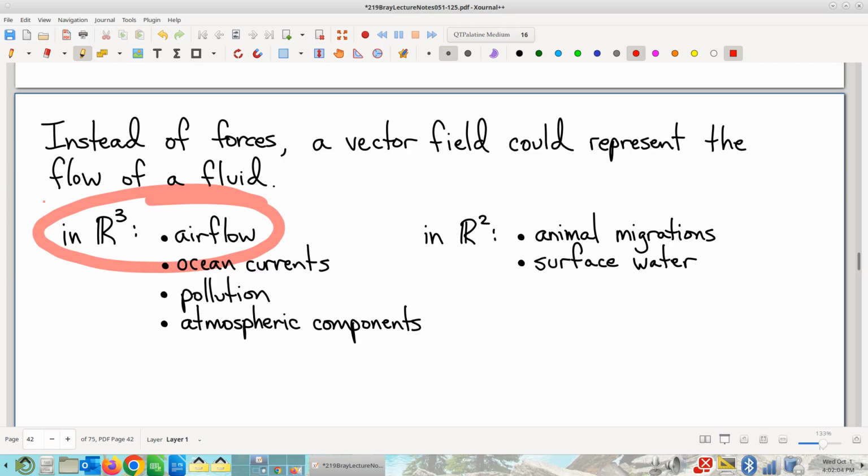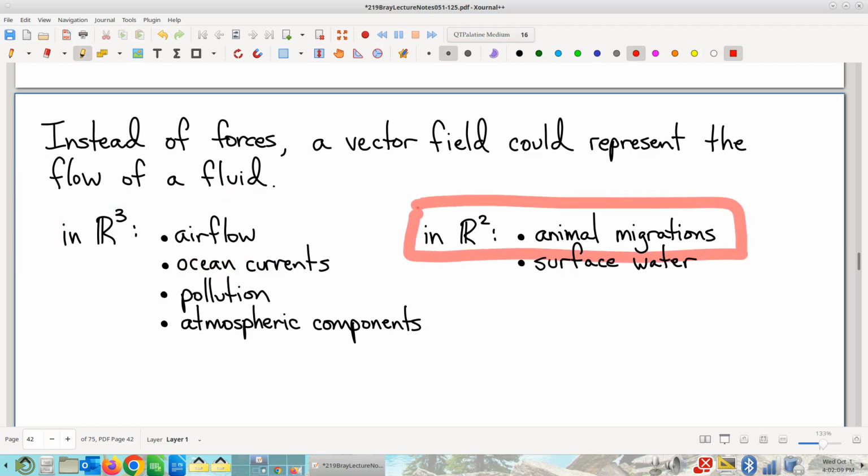Okay. I like to point out this one. I think this is a fun one, animal migrations. You can think of animal migrations as the flow of a fluid. Doesn't seem like it's appropriate. Animals aren't fluids, right? Maybe jellyfish? They're kind of liquidy. You don't tend to think of animals as being fluids. Let me try to change your mind on this.